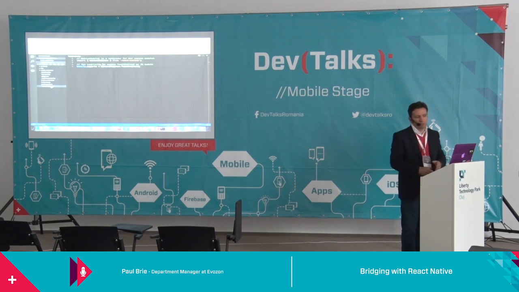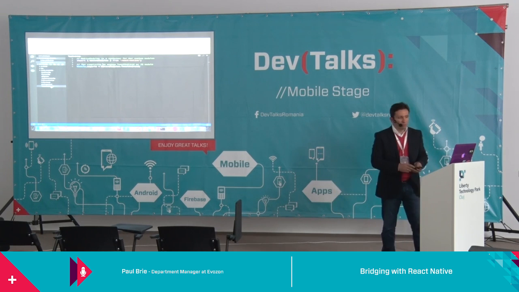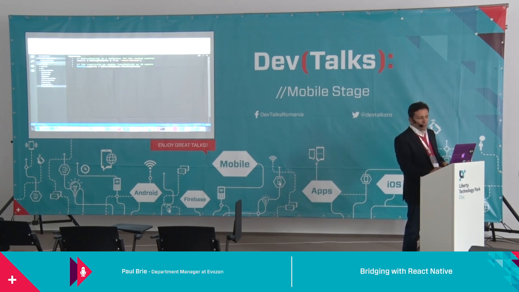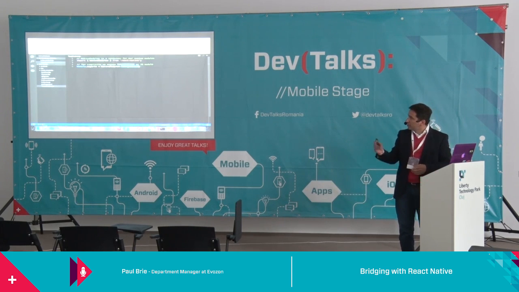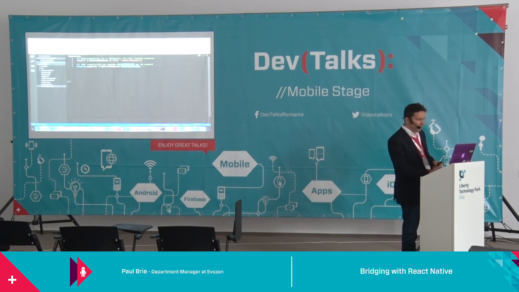Here I created a file, which is a JavaScript module. The only thing I had to do is to import NativeModules from the React Native main package. And then I'm going to export my ToastAndroid package towards my application.